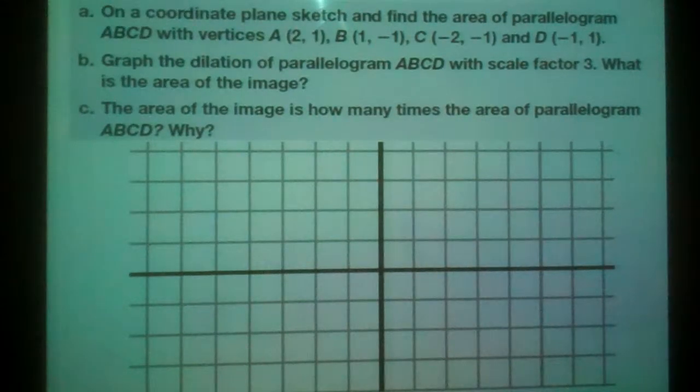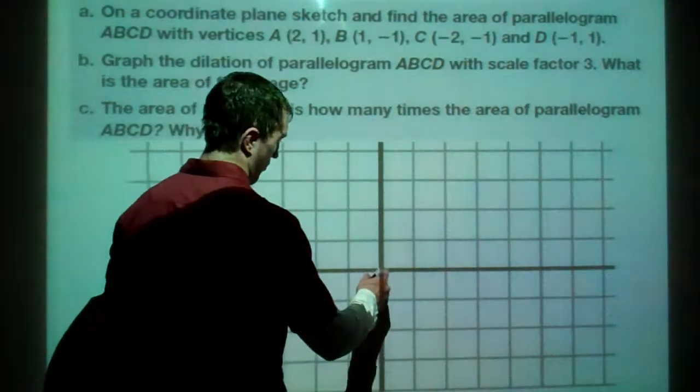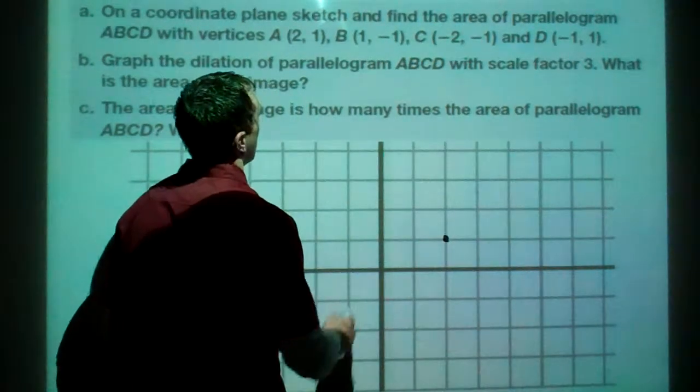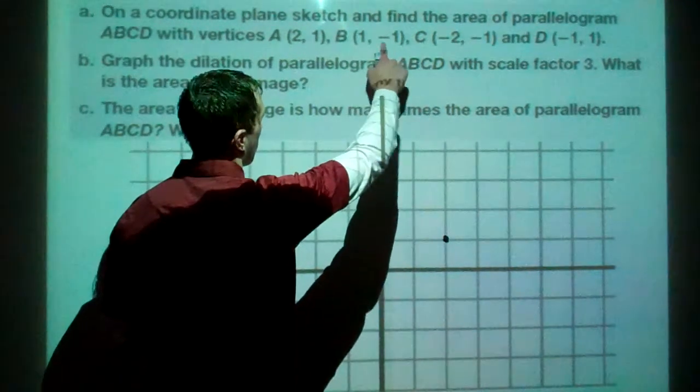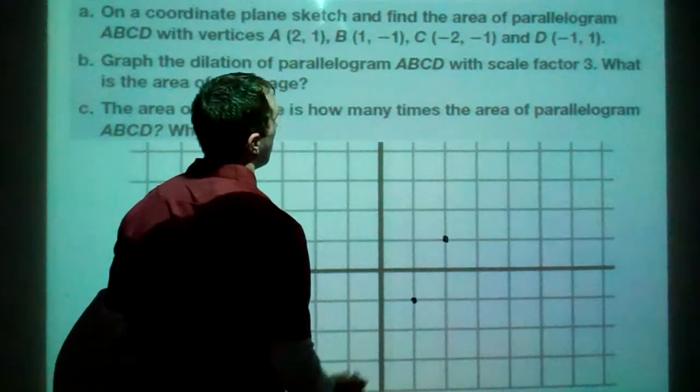Letter A says, on a coordinate plane, sketch and find the area of a parallelogram ABCD with vertices right there. So we have vertices, which are points. Here we have 2, 1. So let's graph that. Over 2, up 1, right there. B, over 1, down 1, negative 1, right there.